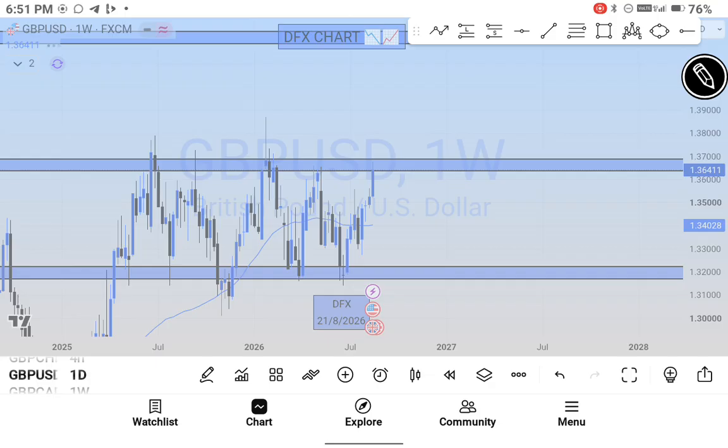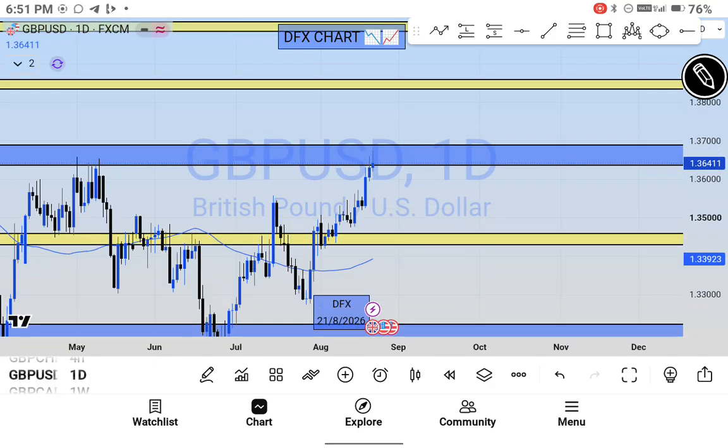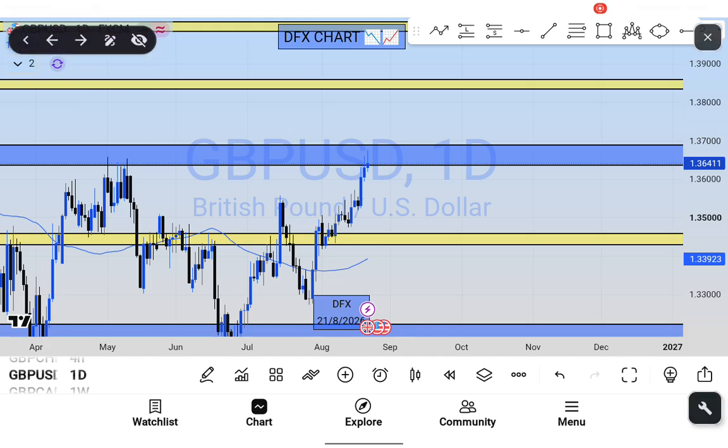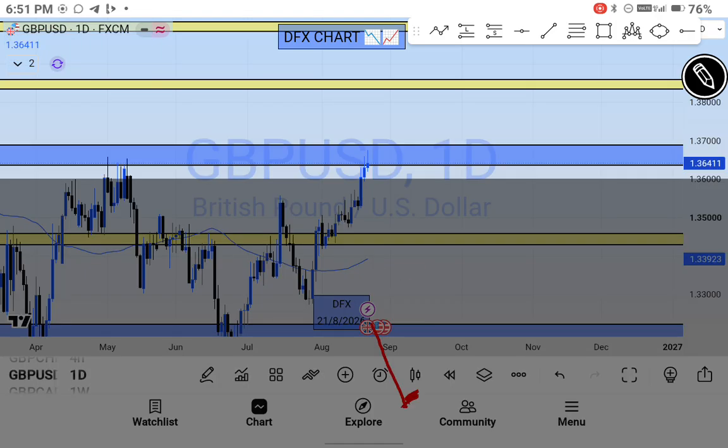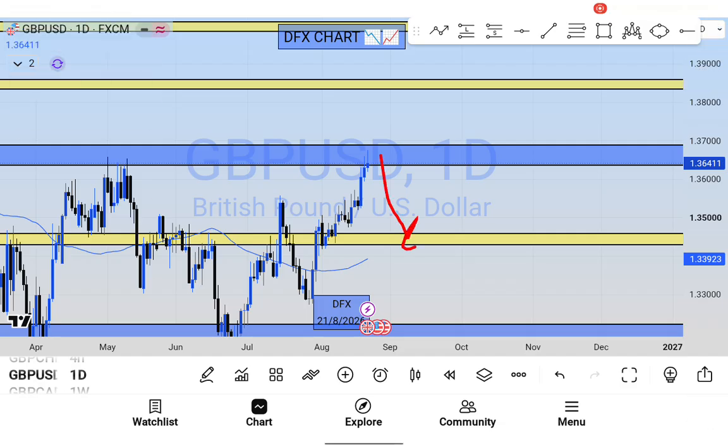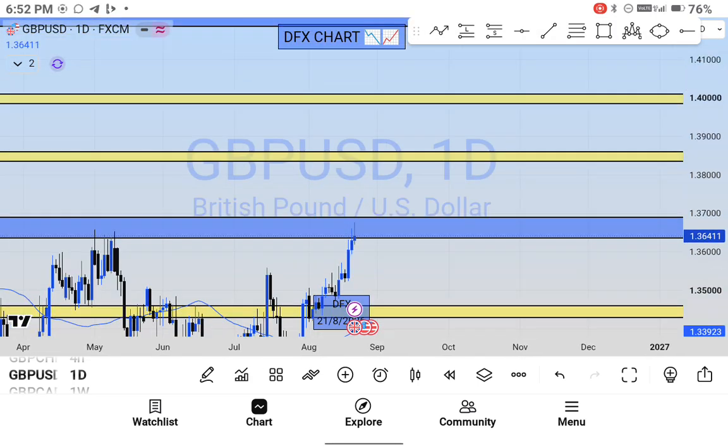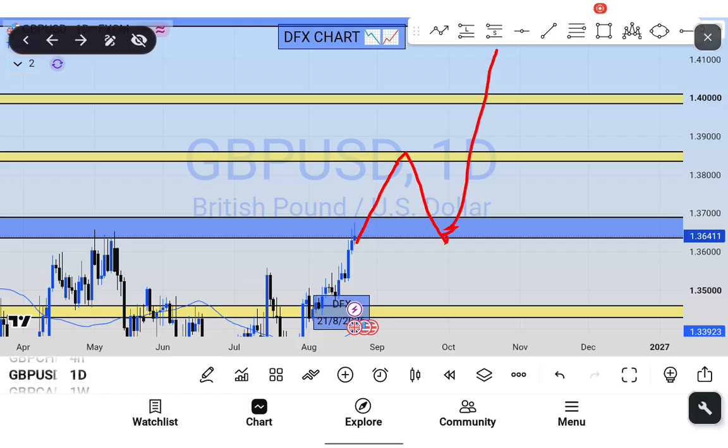Now going down to the daily time frame, we might see pounds USD retrace back to this point. Then if we have that retracement, we're going to be taking a buy position in this zone back to this point. But if we don't have that, then we are going to wait for the price to push above, we test, then we buy to the upside.